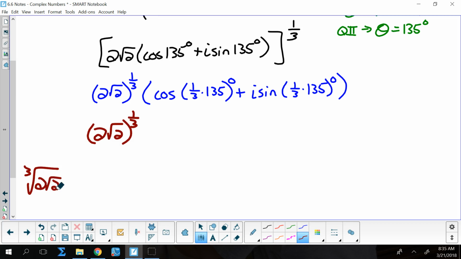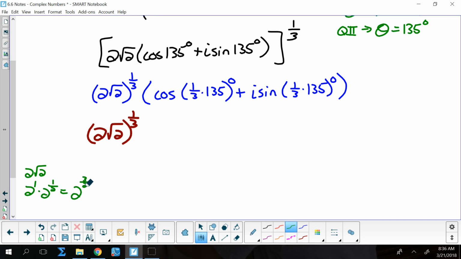If we really wanted to get into the math, 2 times the square root of 2 is 2 to the 1st times 2 to the 1/2, or 2 to the 3/2 power, because I add those exponents.